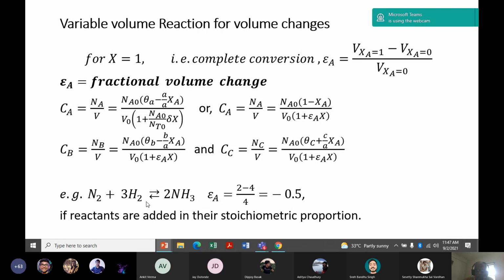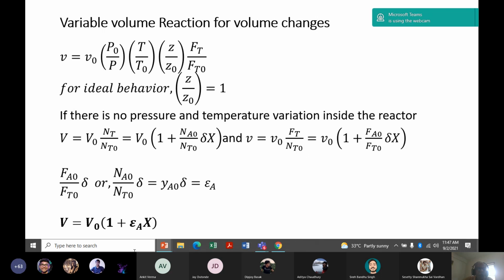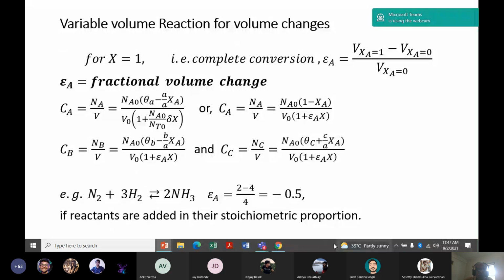In this case, epsilon will be Ya0 delta. So that is 7 by 3 as Ya0 multiplied by delta. What is delta? Minus 0.5. So minus 0.5 multiplied by 7 by 3 is the actual epsilon, if we supply the reactants in a different ratio, not similar to the stoichiometric ratio.